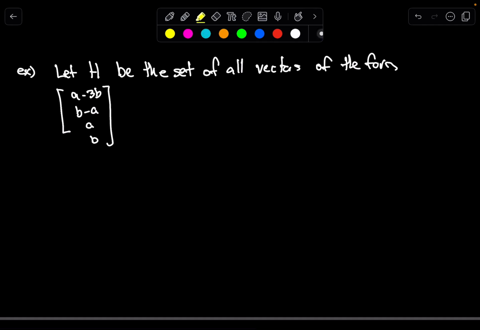Let me make this a little longer. Okay, so H is the set of all of these vectors where a and b are from the set of real numbers.